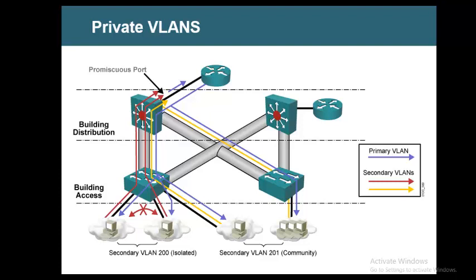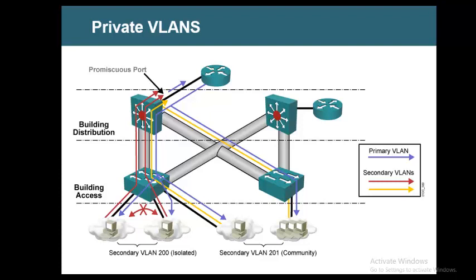If you assign a port as a promiscuous port, that promiscuous port can talk to all members of isolated and all members of community. But when you assign a port as a member of community, that member can only communicate with all other members of the same community VLAN and also with the promiscuous port.